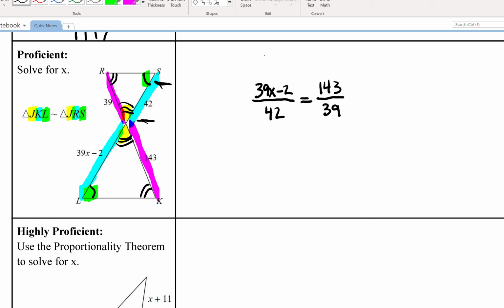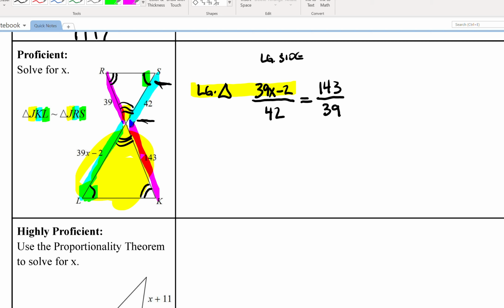Sometimes we might say it's the larger side. Let's just go ahead and say this is the large side, but it's the large side of the large triangle. So this is the large triangle, and that's what we have here.